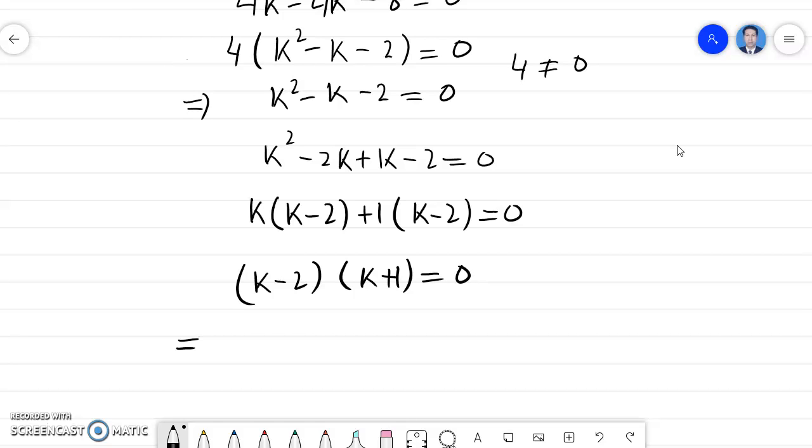So this implies that k minus 2 equal to 0, and this implies k equal to 2.